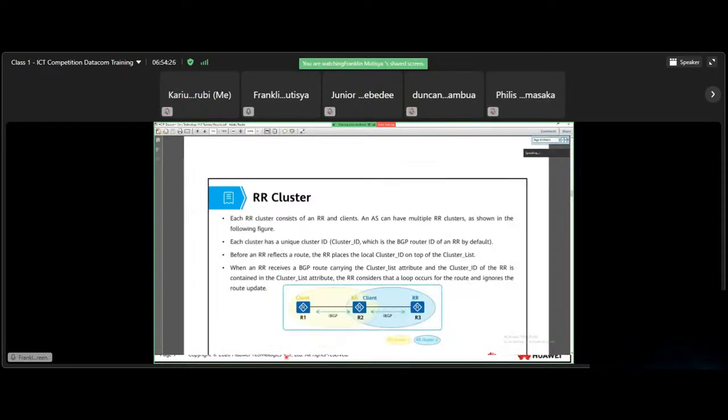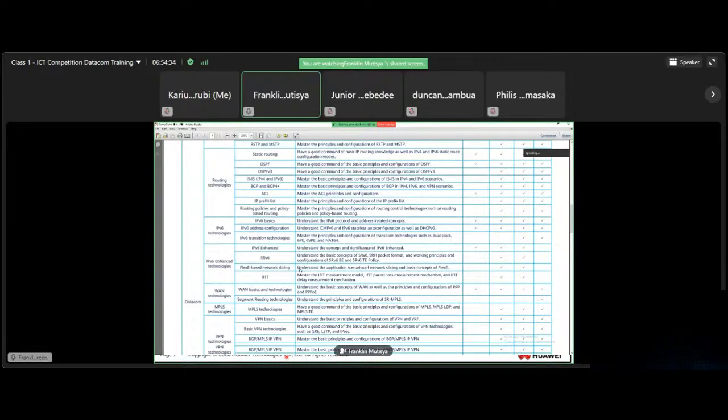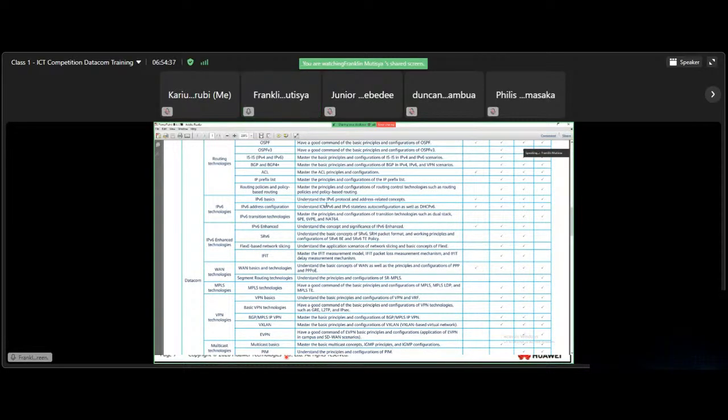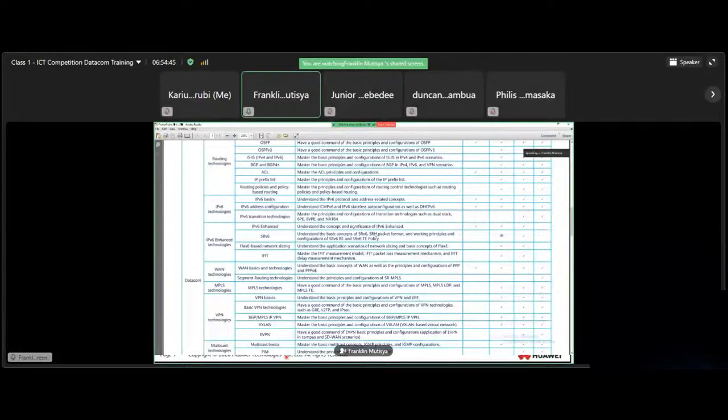Now, since time is not enough for us, I'll try to see whether I can share most of the notes for you from segment routing. Segment routing, well, they may test or they may not test. Last year, the exam was a little bit tough.